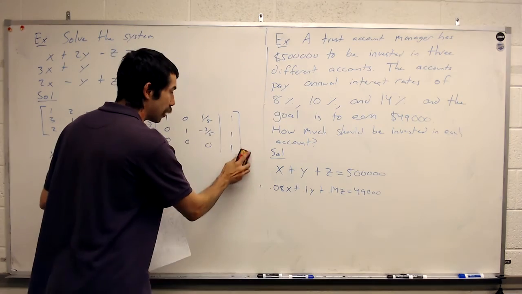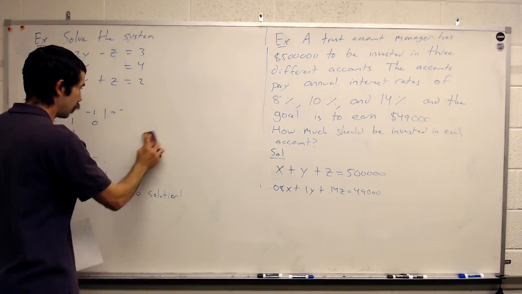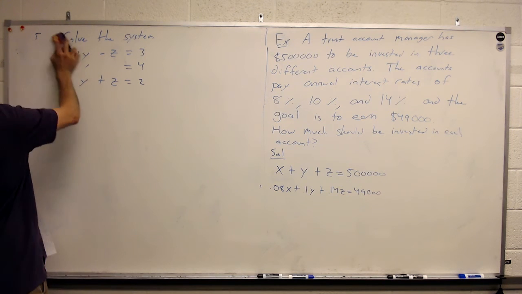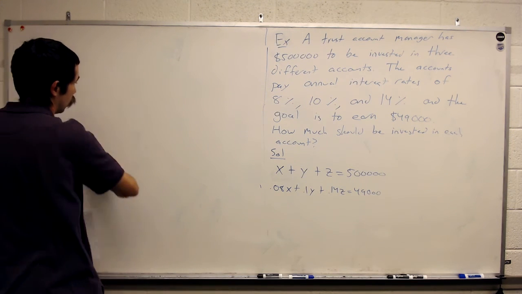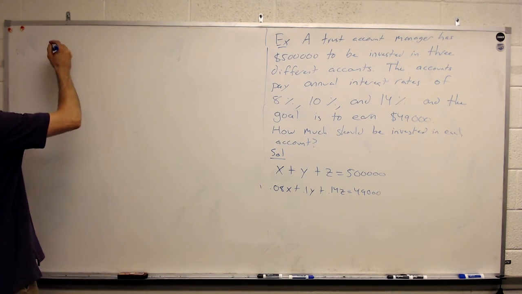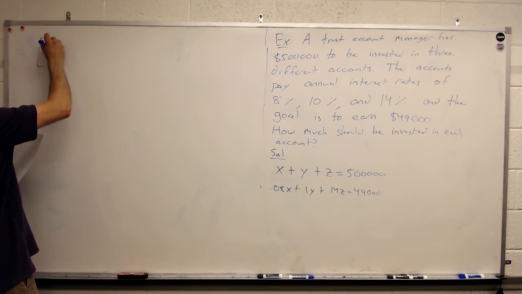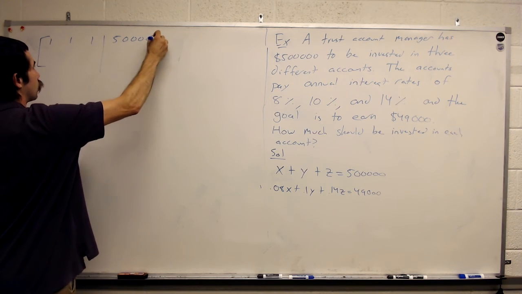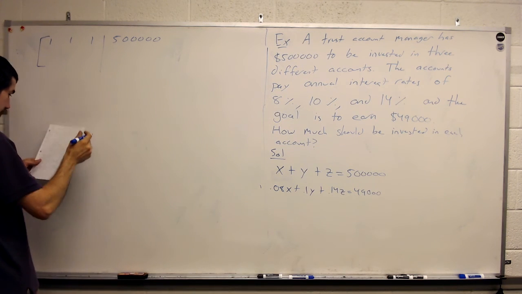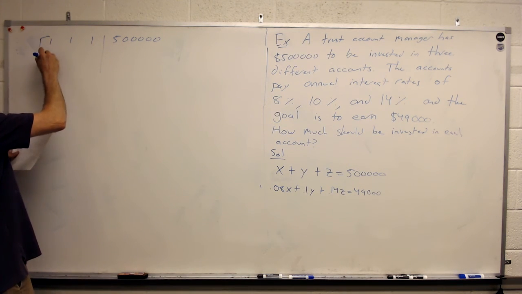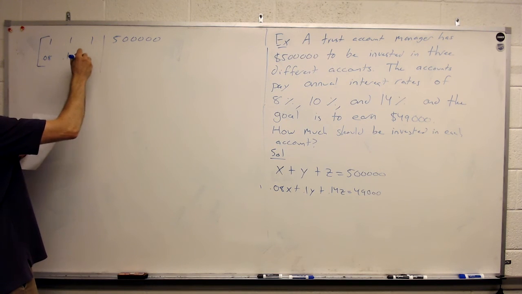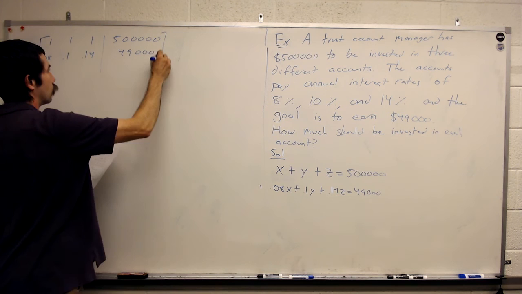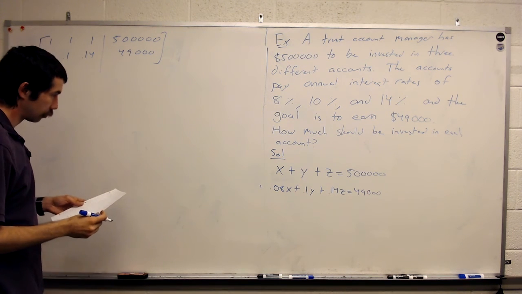So now let's write out an augmented matrix, and we'll do the row operations. Our augmented matrix is 1, 1, 1, 500,000, and 0.08, 0.1, 0.14, 49,000.